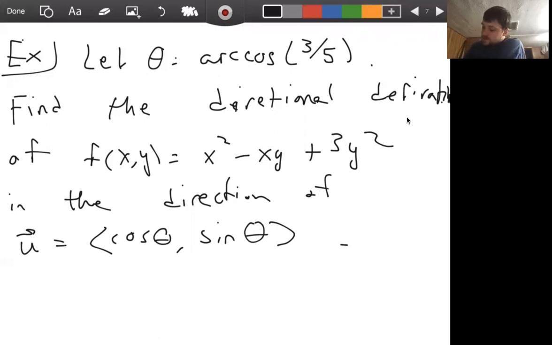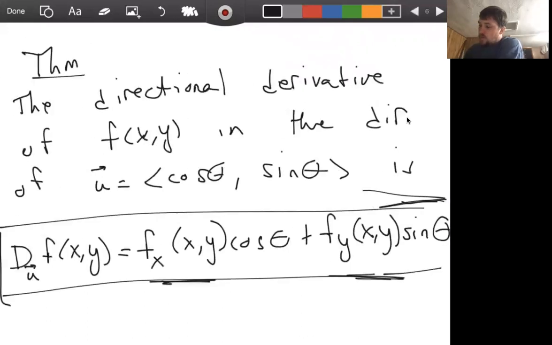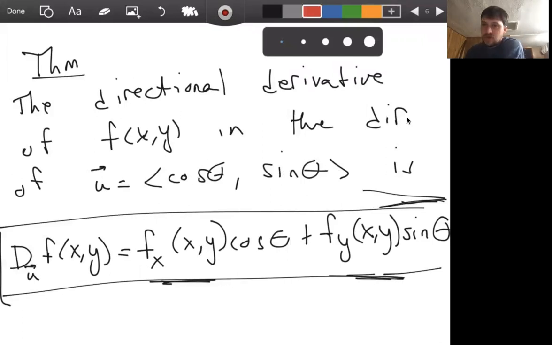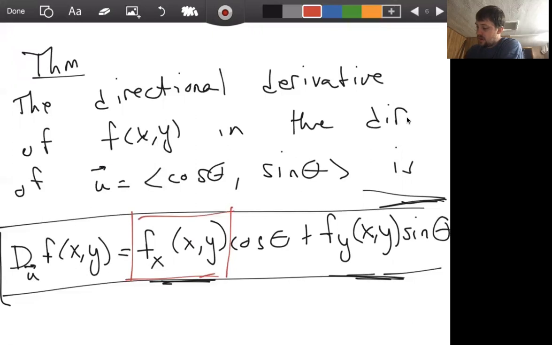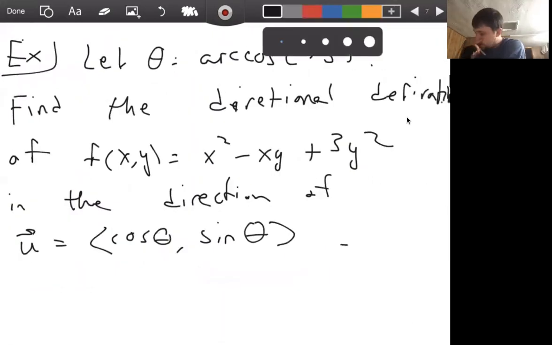Now, before we do anything, let's look at our formula. What do we need? When you have to find a directional derivative, usually what you do is say, what do we need? Okay, I need an x partial derivative, and I need a y partial derivative. Well, that's not too bad, now that we're pretty good at partial derivatives.